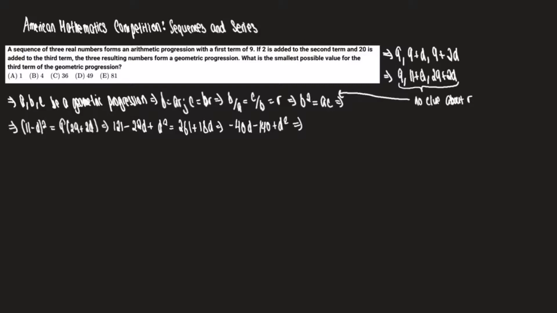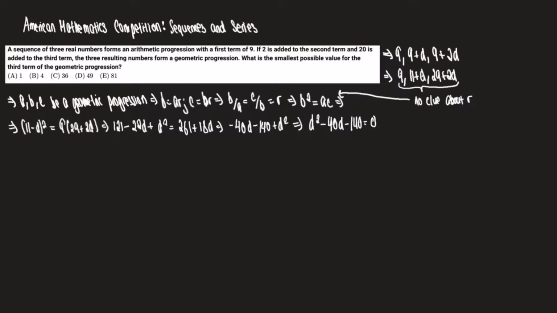Oh wait, we don't want to do that because D squared is known, so we don't want to do that. That would be bad if we do that. Alright, so we don't want to divide anything. Let's rewrite this. We got D squared minus 40D minus 140 equals 0.